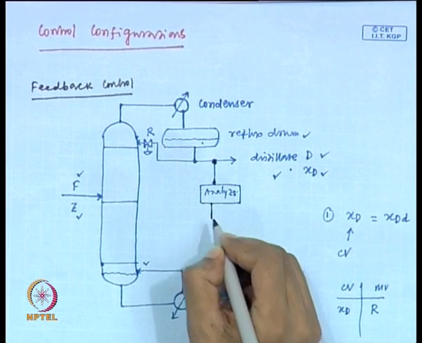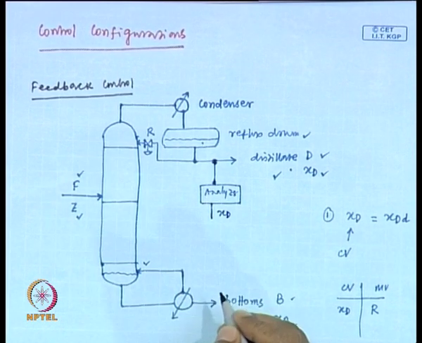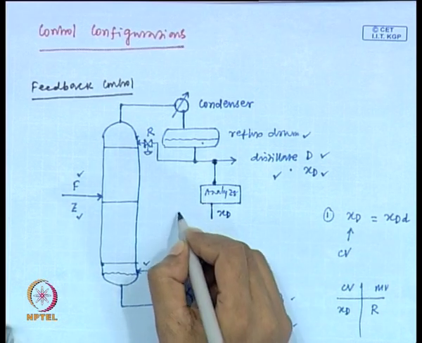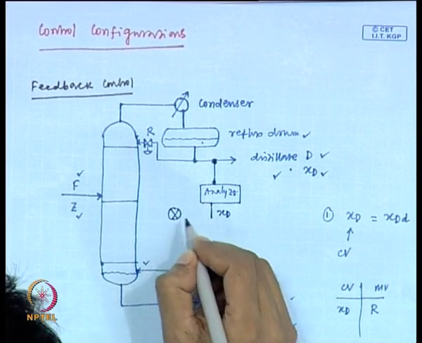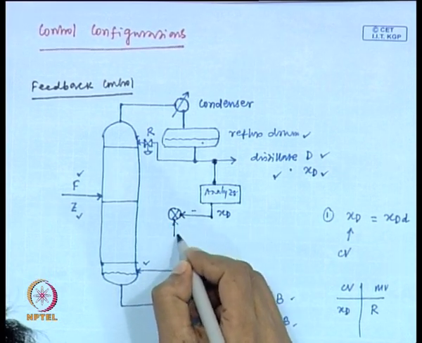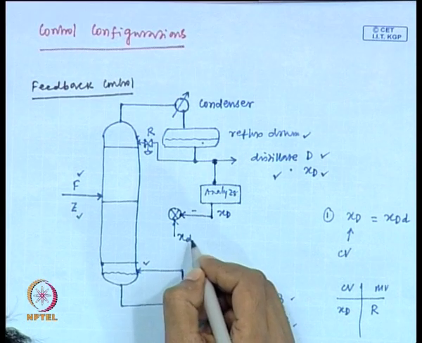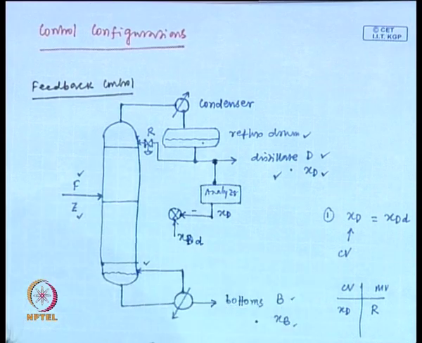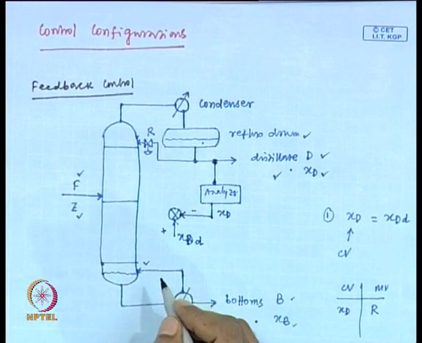Then this analyzer gives the value of xD. Fine. Then that xD is compared in this comparator. This is negative and this is xD, this is xD desired, which is positive.